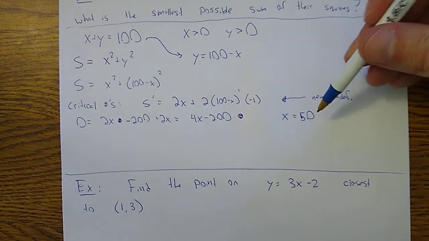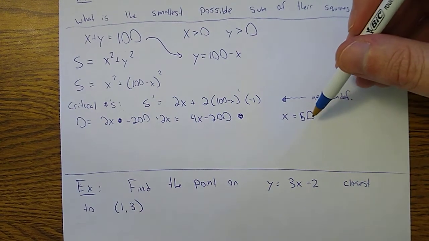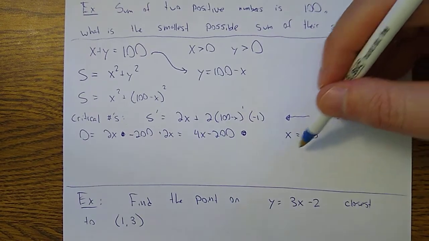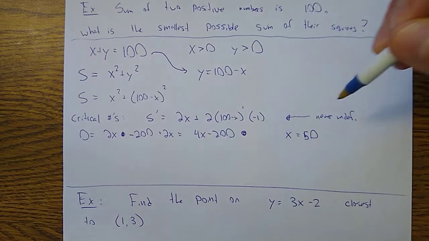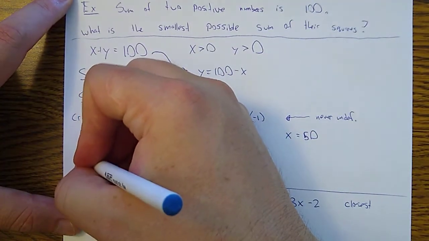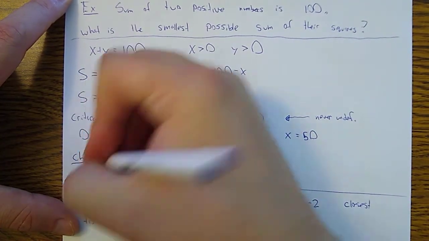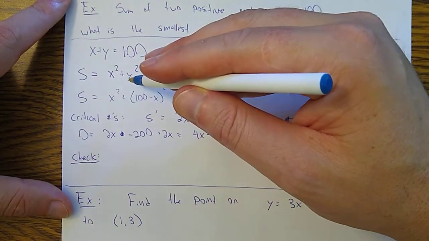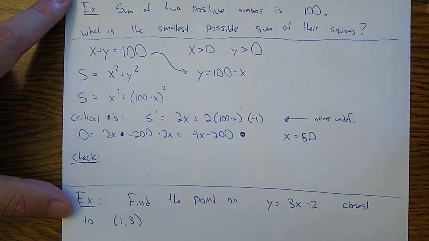Okay. Now, our value of x is going to be 50, but we should check that. What we're actually checking is that this value really does minimize s.